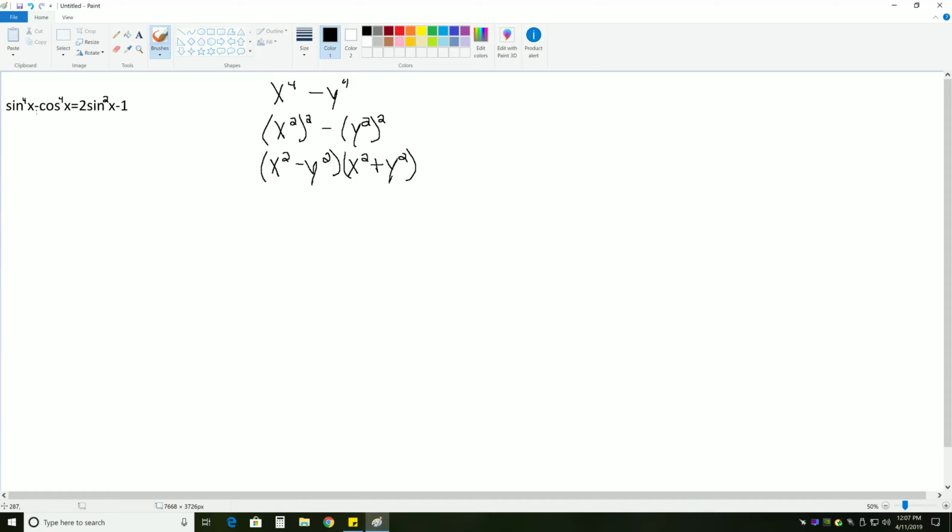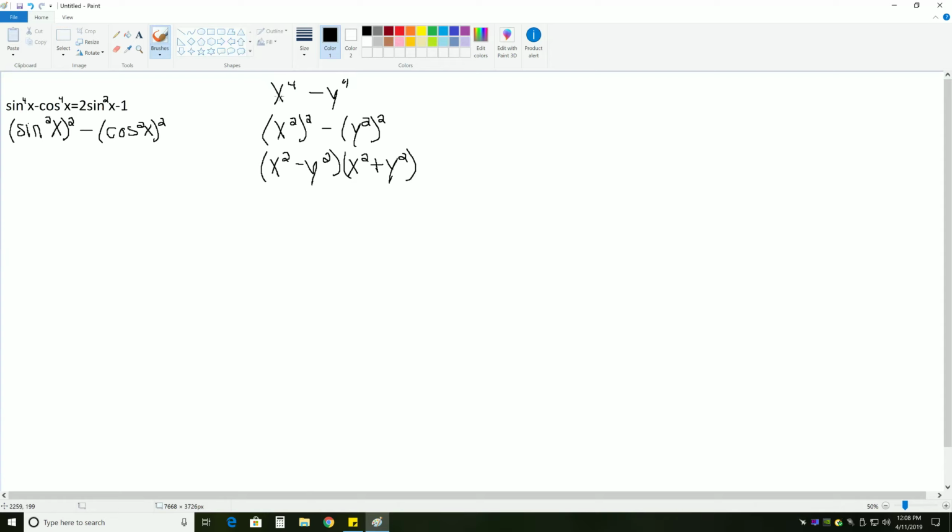Which means in order to factor sine to the fourth x minus cosine to the fourth x, we could rewrite this as sine squared x quantity squared minus cosine squared x quantity squared.